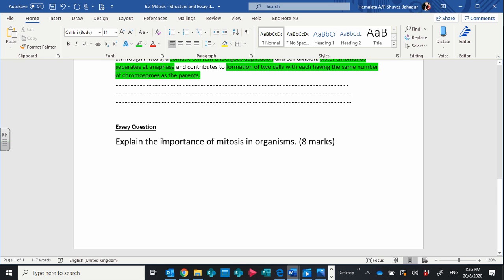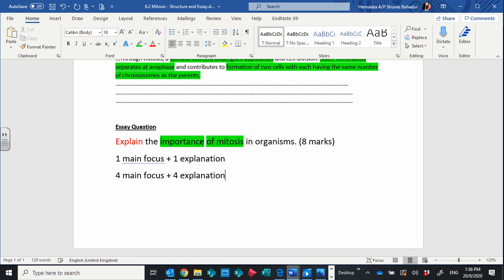Okay, now the next thing is the essay question. Explain the importance of mitosis, 8 marks. Explain here refers to sometimes process or sometimes description. Here you need to give one main focus plus one explanation, which means in total 4 main focus plus 4 explanations.